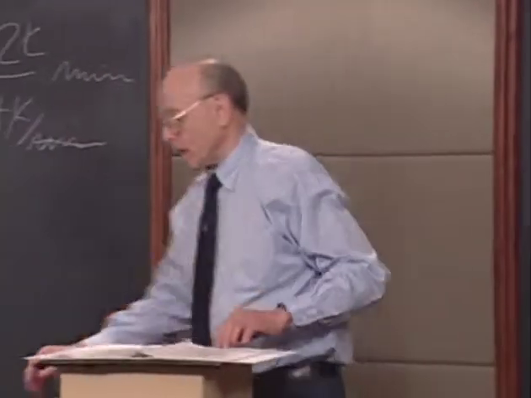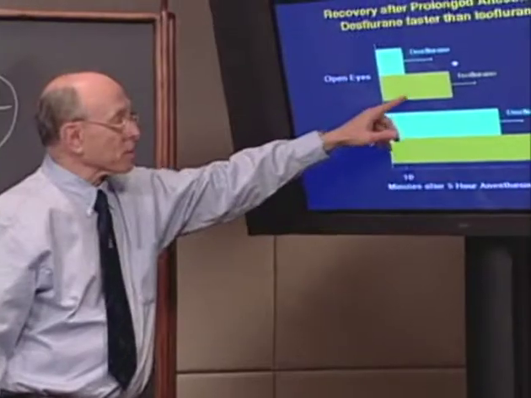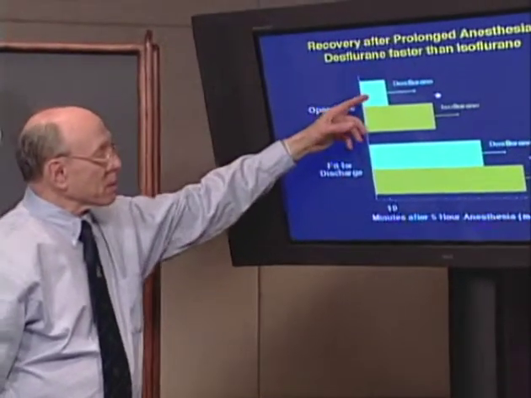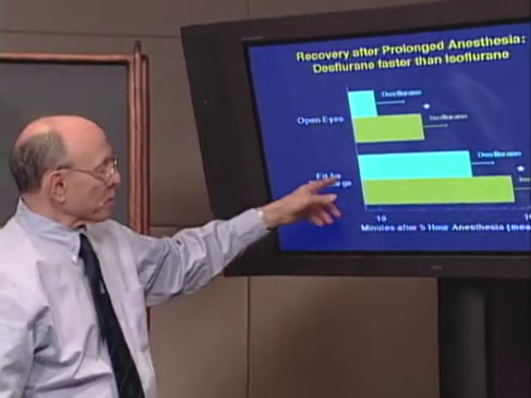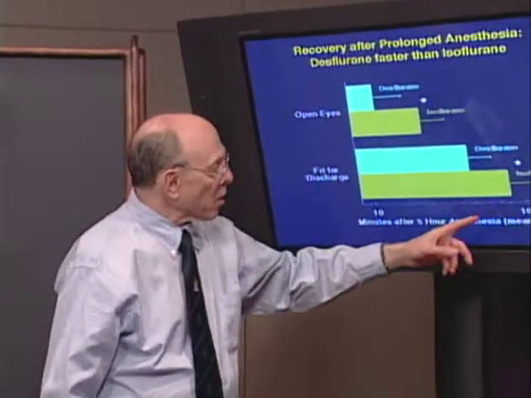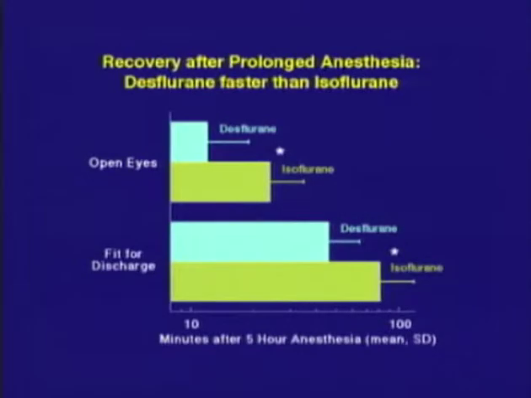Let's see about recovery after long anesthesia. So here's a prolonged anesthetic. This is a 5-hour anesthesia with desflurane as compared to isoflurane. Notice that the difference between these two seems to have increased. The difference in terms of fit for discharge is now almost 40 minutes difference between desflurane and isoflurane. So things get longer.